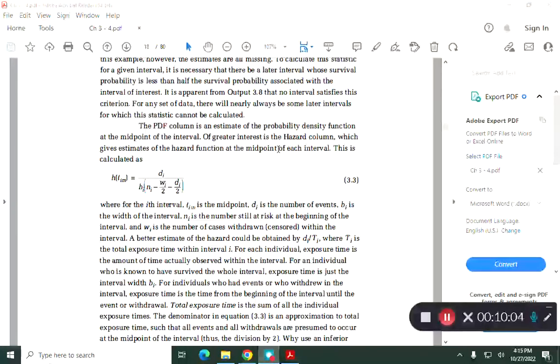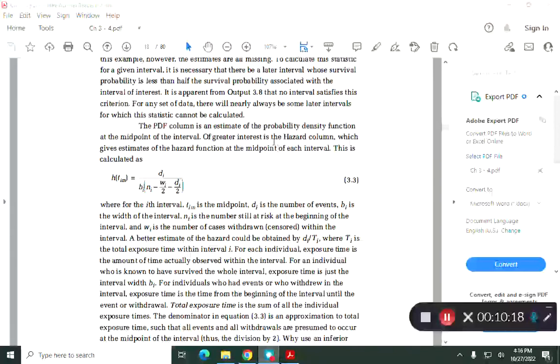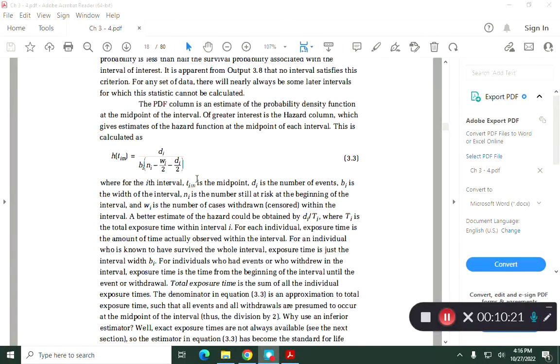But if you only see a certain amount of bodies, you can only assume what? Some of those are missing in action, some went somewhere. So you have two different types of events you need to check during the midpoint of time. During the midpoint of time, there are a number of events, that's the death, okay? And you also need to check during the window the number of withdrawals or censors.